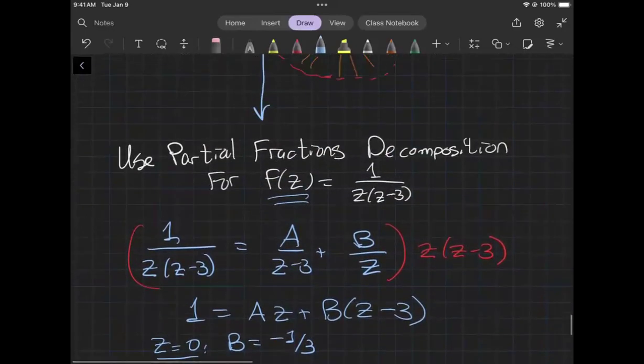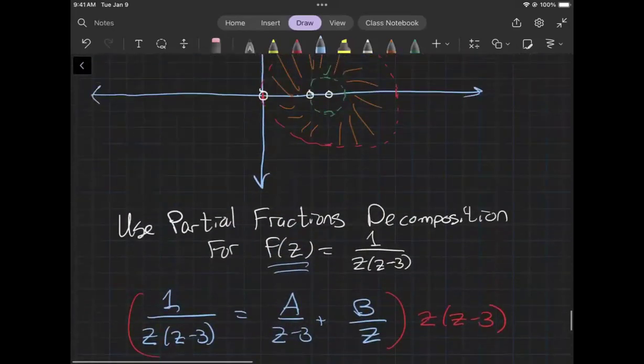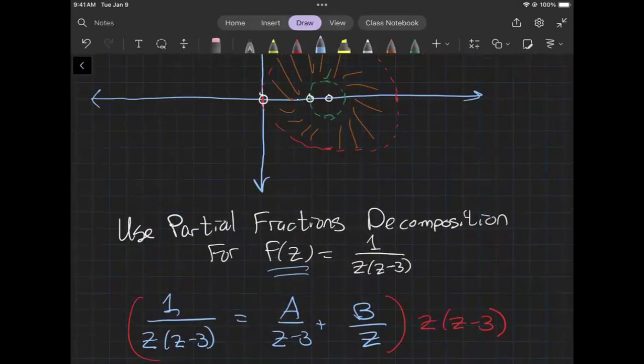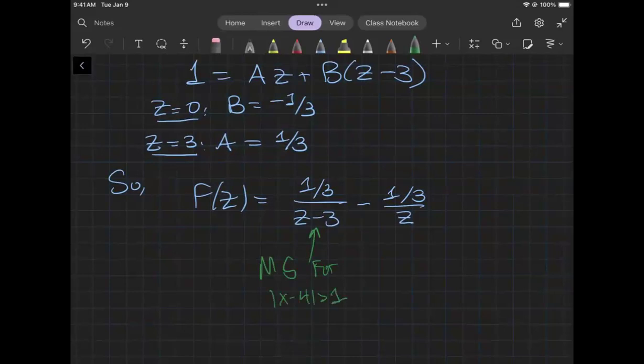Since the function is analytic except at z equals 3, and z equals 3 is on the boundary of the green circle, this will formulate the Maclaurin series for the absolute value of z minus 4 being greater than 1.